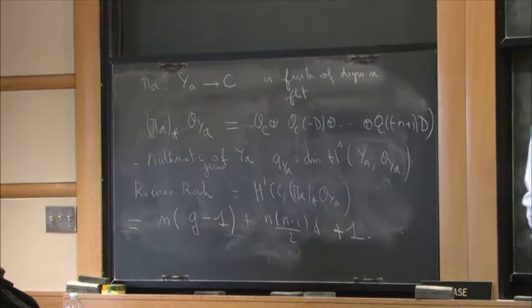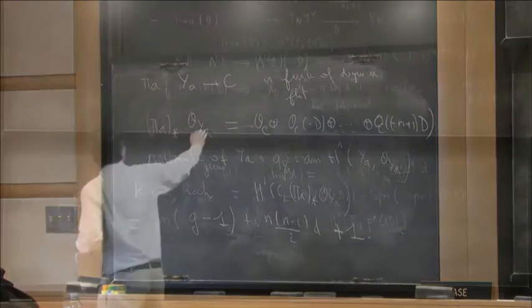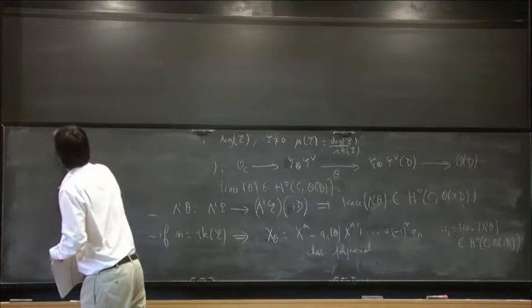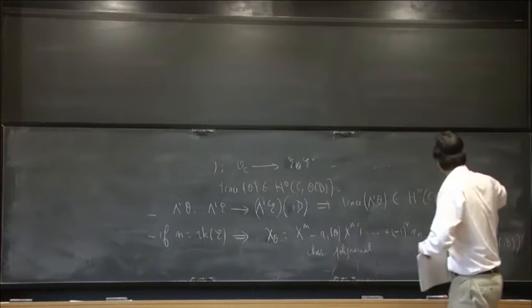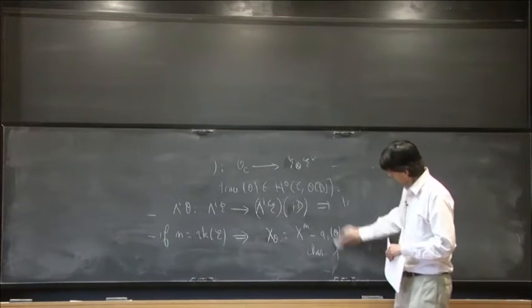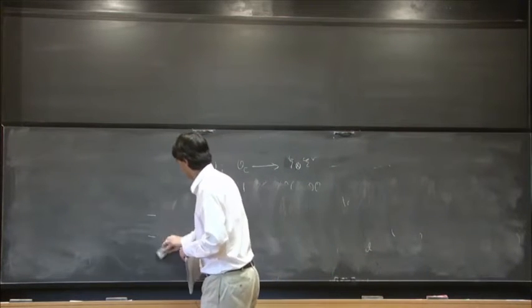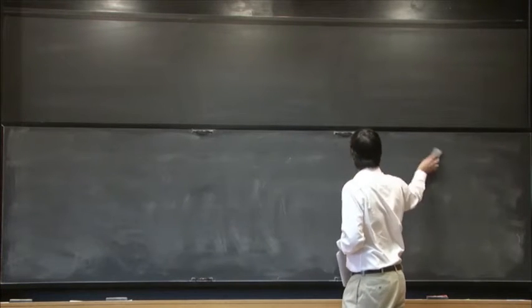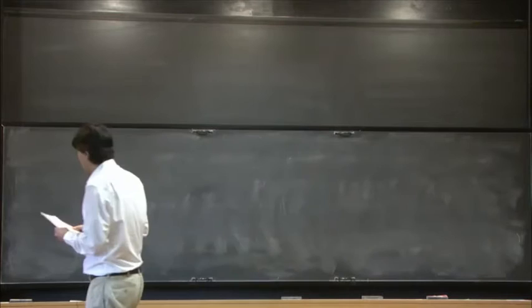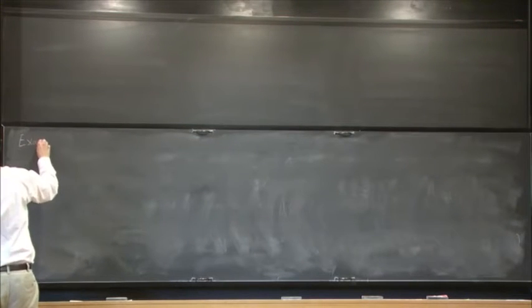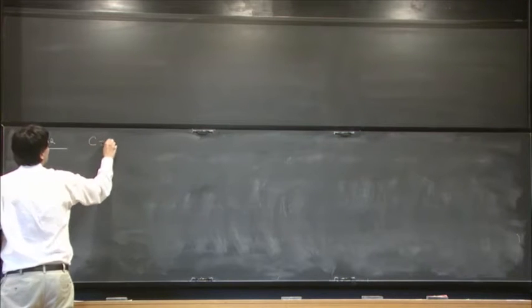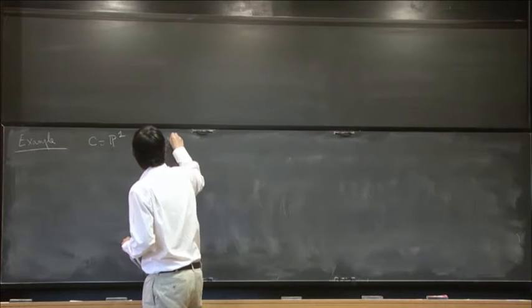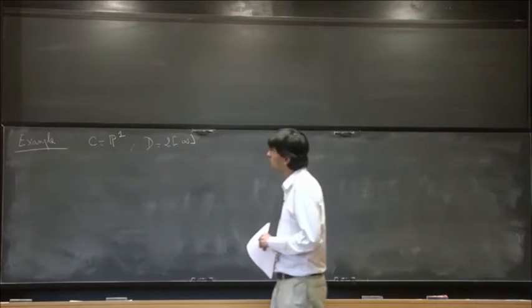So let me give some examples of the kind of curves we may get. Example. I will take C to be P1. The divisor D is 2 times infinity.